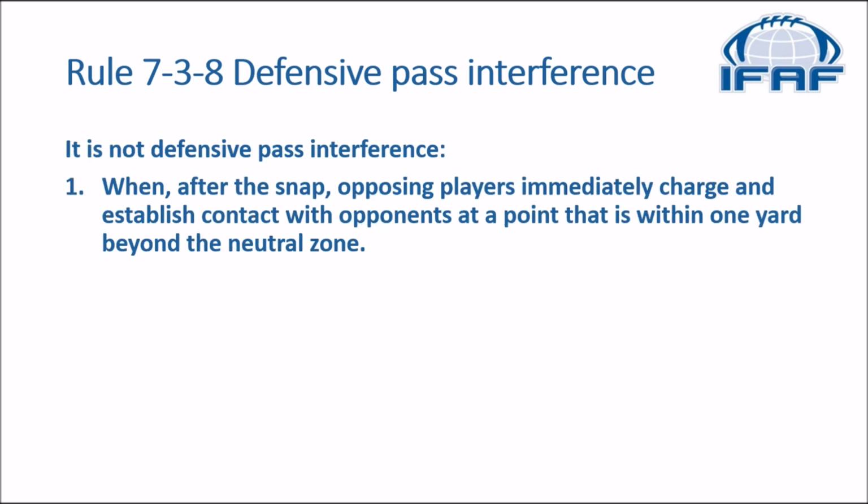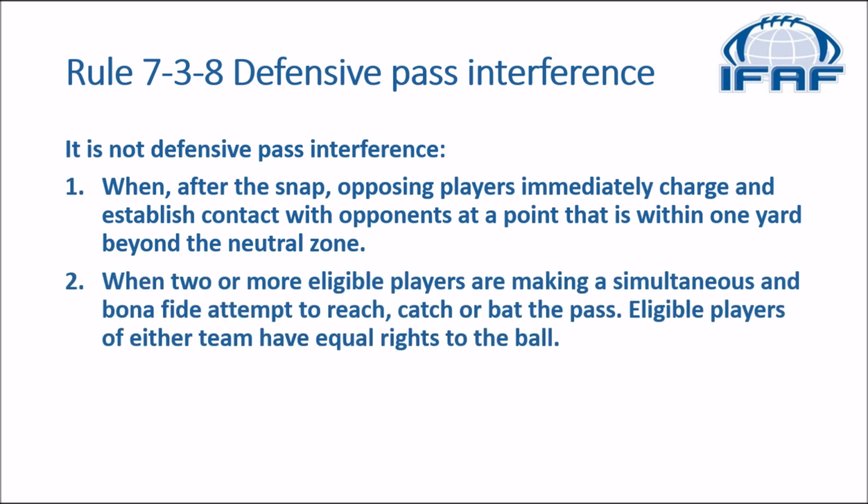It is not pass interference: 1. When, after the snap, opposing players immediately charge and establish contact with opponents at a point that is within 1 yard beyond the neutral zone. 2. When 2 or more eligible players are making a simultaneous and bona fide attempt to reach, catch, or bat the pass.